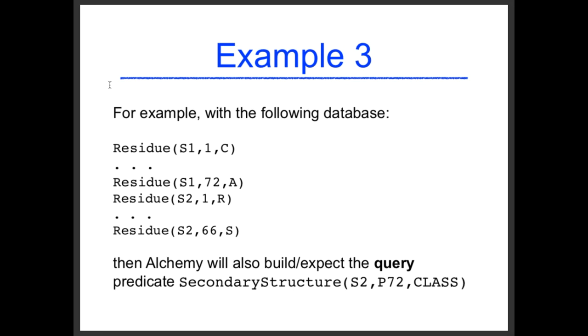Now, if you put everything in a single DB file and you perform learning, or even inference, the same. But anyhow, if you, for example, perform learning, Alchemy will also build, if it doesn't find them, also the predicate, for example, S2 72.